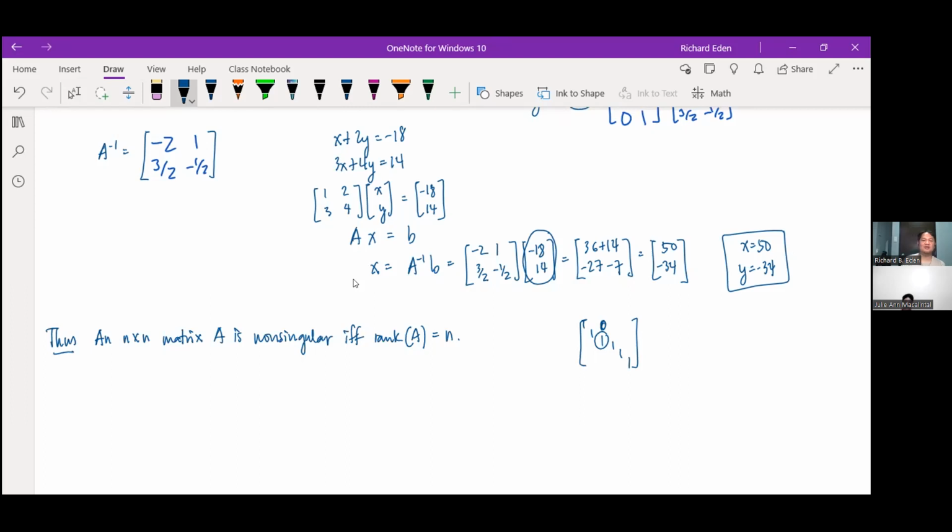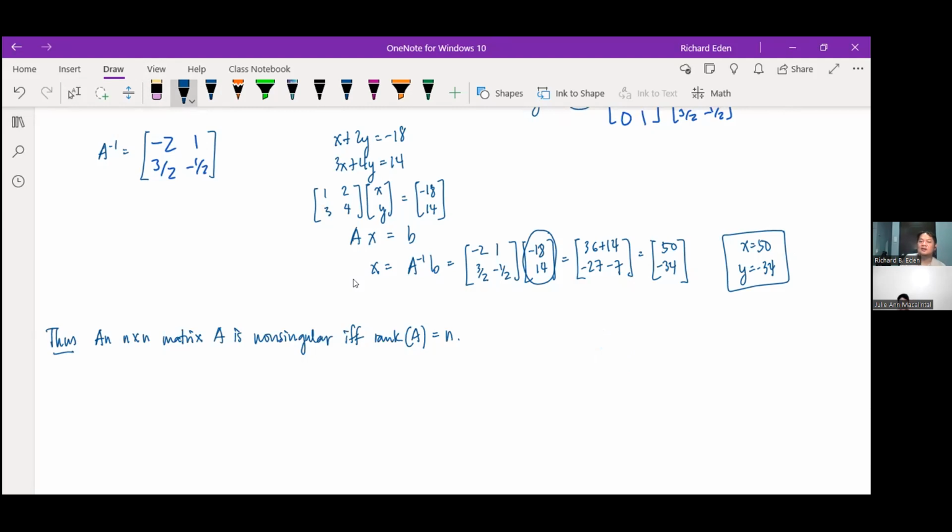So, ibig sabihin, for a non-singular matrix, when you do the usual Gauss-Jordan reduction, the identity matrix is what should always appear. Eventually po, yung ones sa mga other places will not survive.